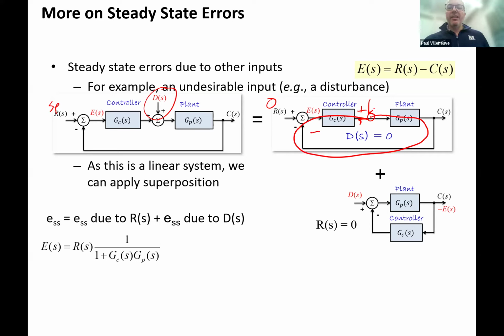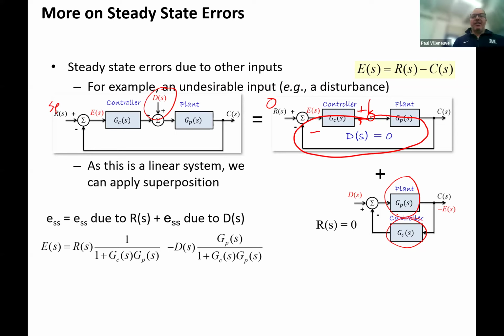Because the plus is coming in on the top. The only thing is the order changes a little bit when your input, your reference signal, is 0. So now we're going to subtract that because we have that negative, right? That comes back negative. So our ESS is going to be the reference input error minus the disturbance error.